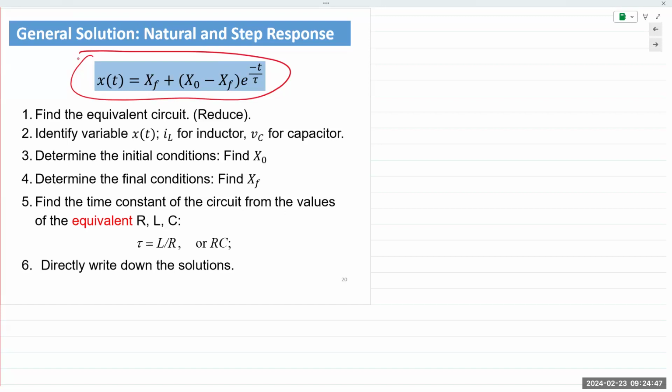So xf is the final value, x0 is the initial value. And then e raised to minus t over tau remains the same. t is the variable, a function of time, and tau is the time constant.